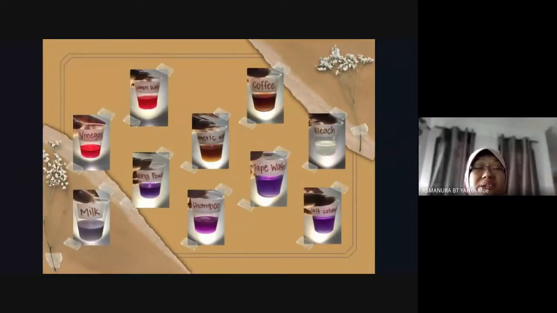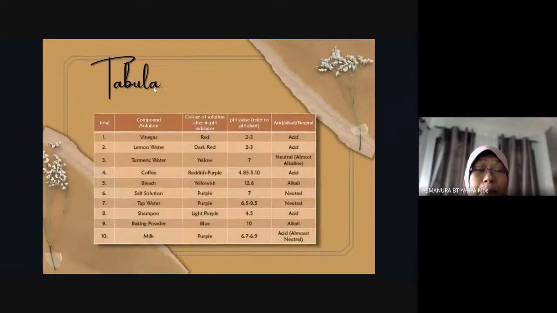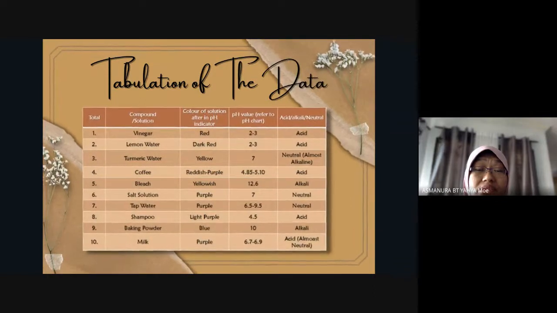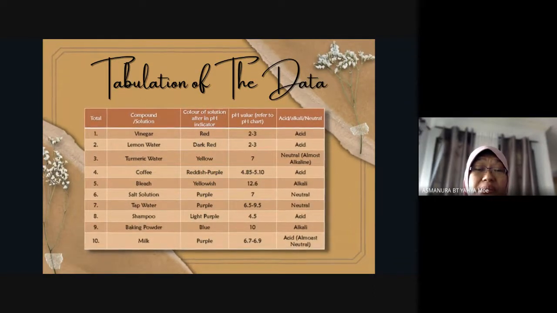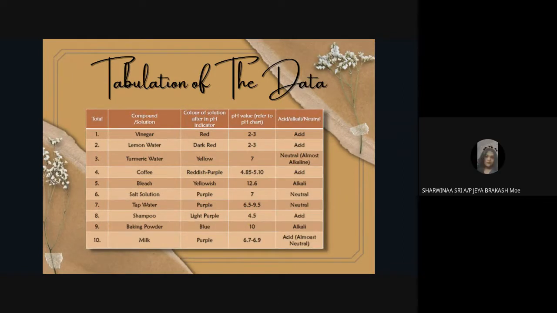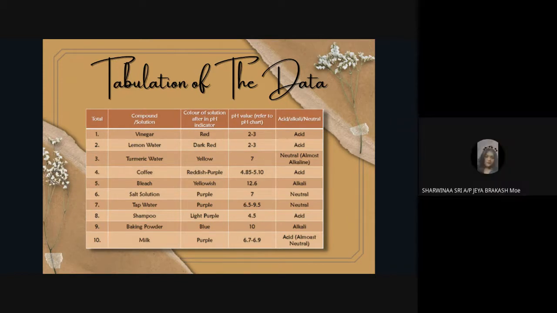Sekejap, Sharwin, sekejap cikgu nak tengok yang table tu. Bleach ni cikgu, okay, bleach ni awak dapat yellowish kan? Yes, teacher. Is it dia punya alkaline bleach? I've searched it in Google, it says alkaline. Alkaline?